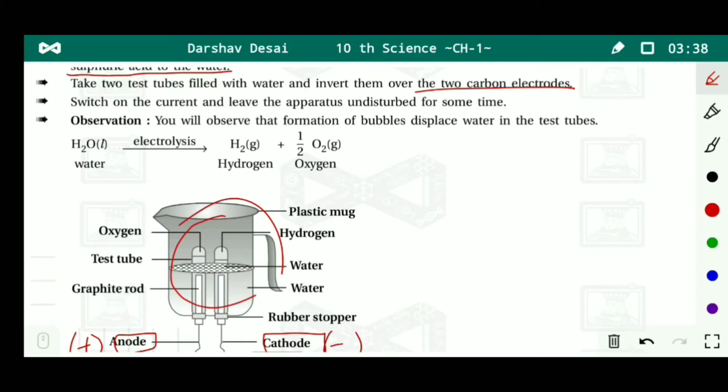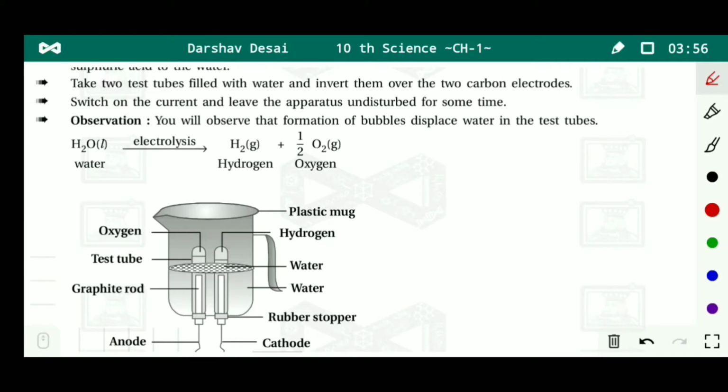Now switch on the current and allow the current to pass, keeping the apparatus undisturbed for some time. Now what happened? Water is electrolyzed in this reaction.